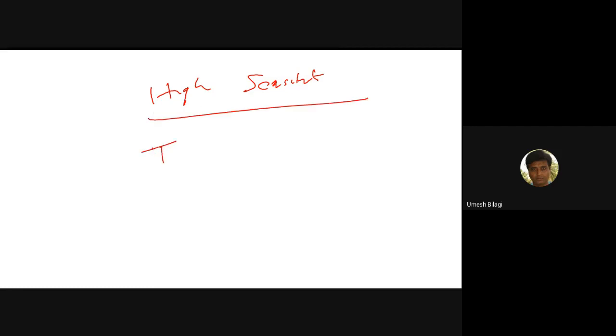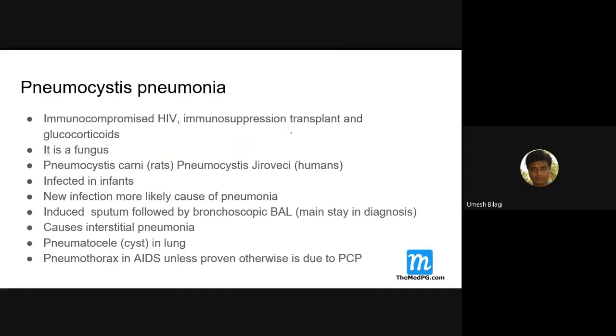High sensitivity means true positives should not be missed. That's what it is telling us. Of course, we agree it may pick up some false positives.